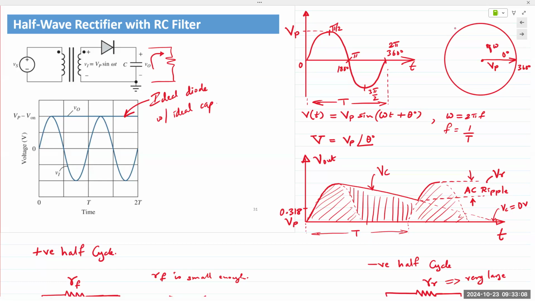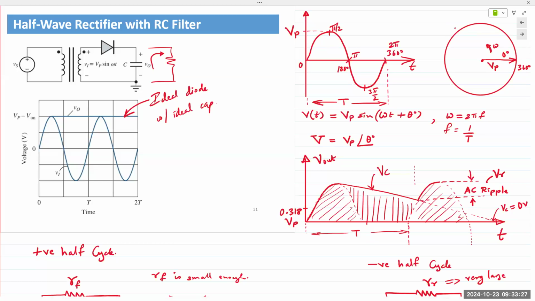Now, look at the x-axis. The diode should turn on when V in goes positive, right? V in goes positive.